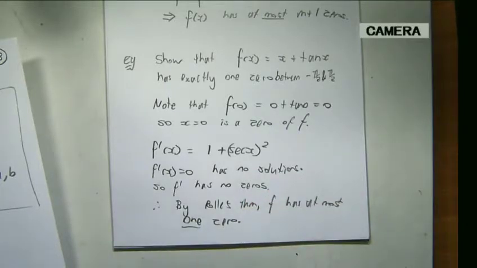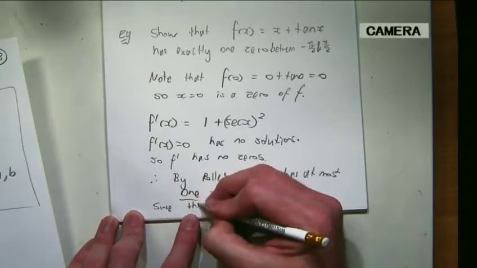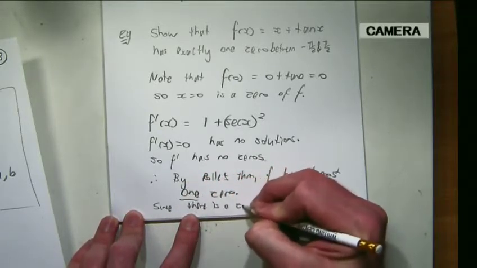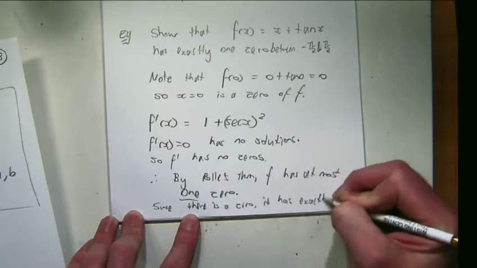So it has at most 1, and we've found 1, so therefore it has exactly 1. Since there is a zero, it has exactly 1.